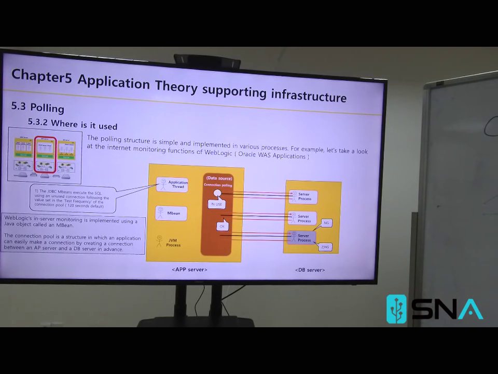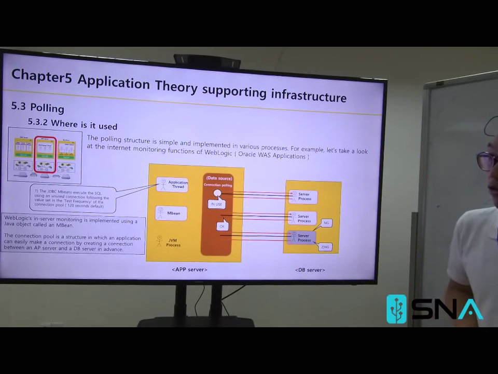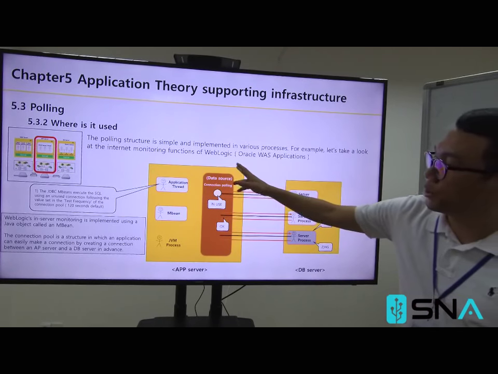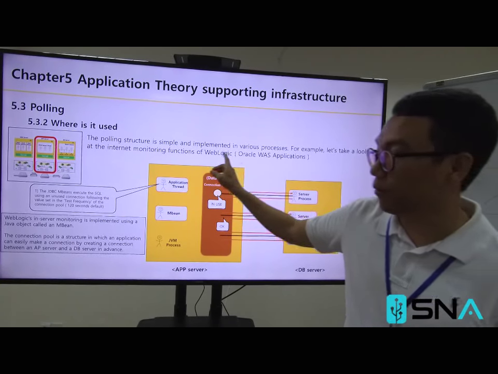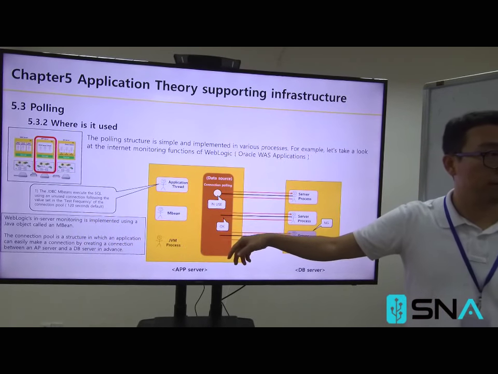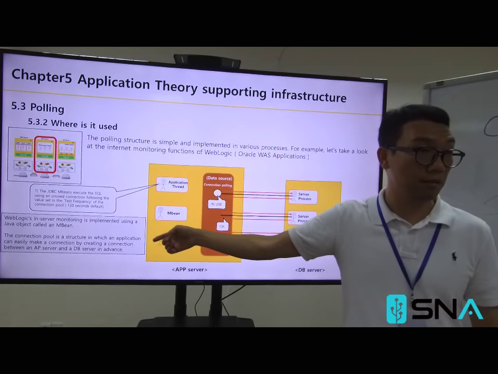It means that first, the JDBC MBean executes the SQL using an unused connection, following the value set in the test frequency of the connection pool. In WebLogic the default is 120 seconds. It means the interval time is 120 seconds.